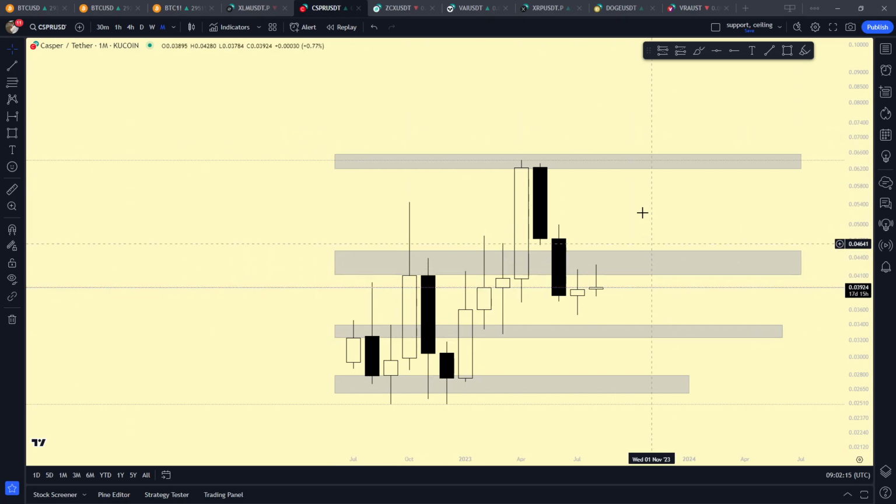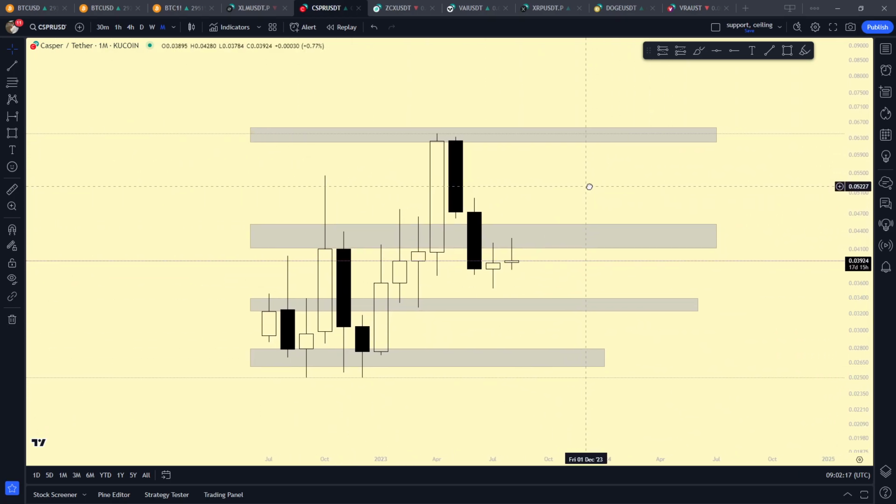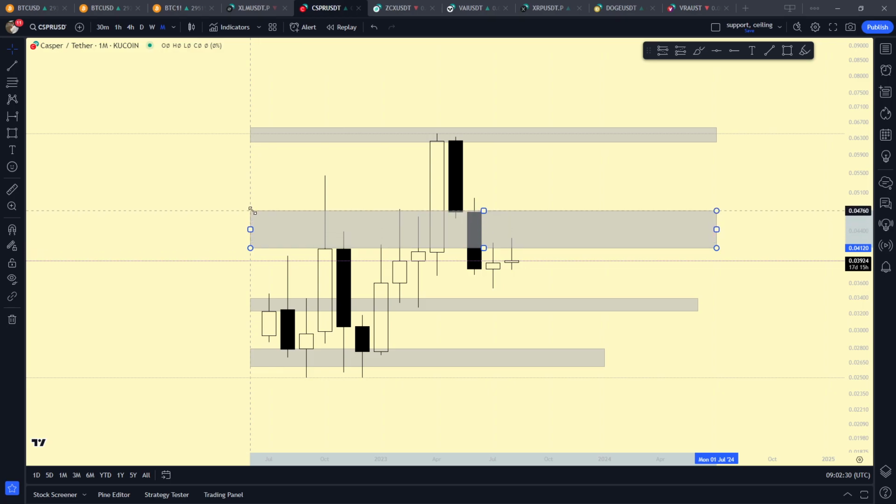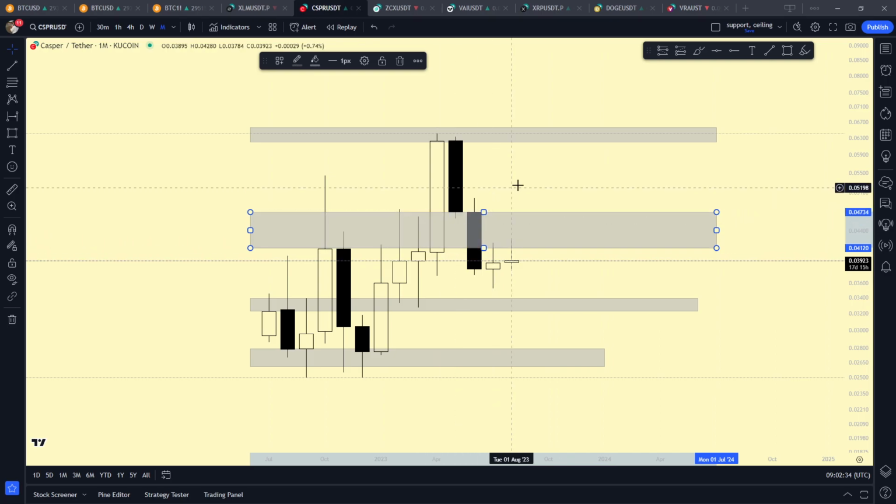So we know that these resistance and support areas are very valid. And once a candle, like here, right? This was a very good support zone for Casper, even this zone or to the next wick, to the next body close.